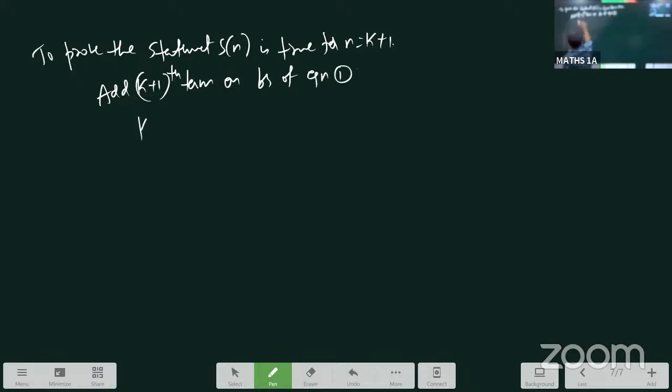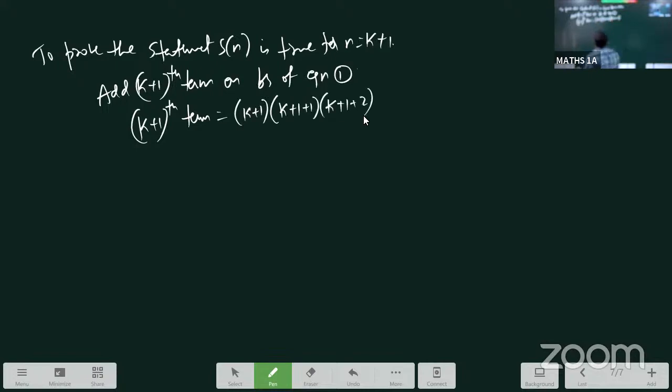So how to get that k plus 1th term? Instead of n, you put k plus 1 in your nth term. What was that nth term? It was n into n plus 1, so k plus 1, k plus 1 plus 1, k plus 1 plus 2.